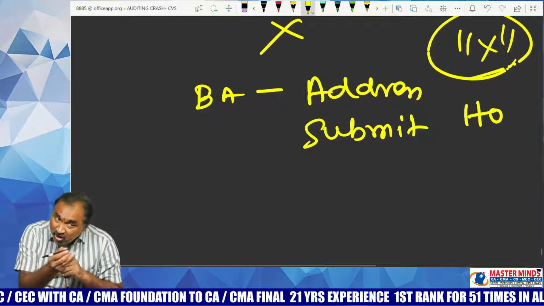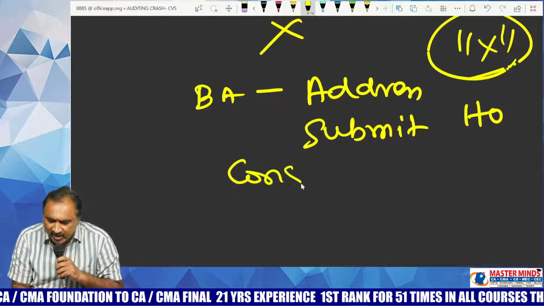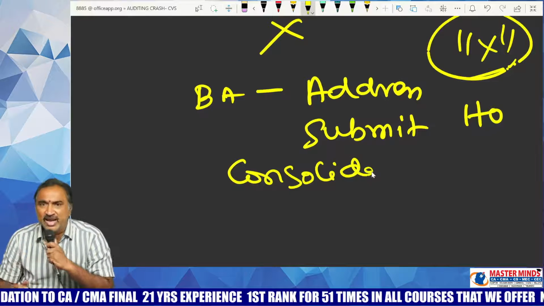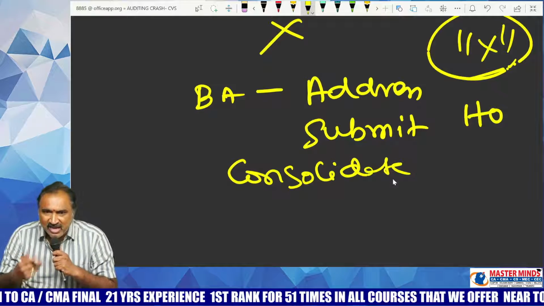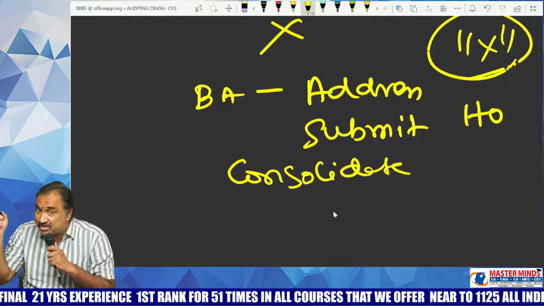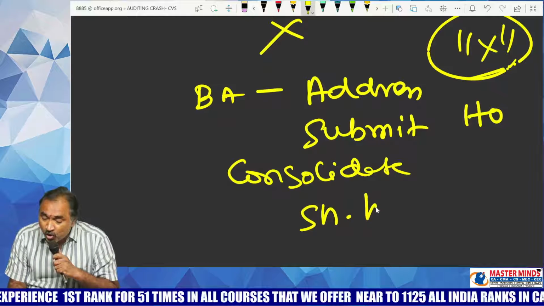After receipt of all such reports from different branches, the head office auditor is required to consolidate all such reports. Then he has to prepare a final report. That final report is required to be addressed to the shareholders.